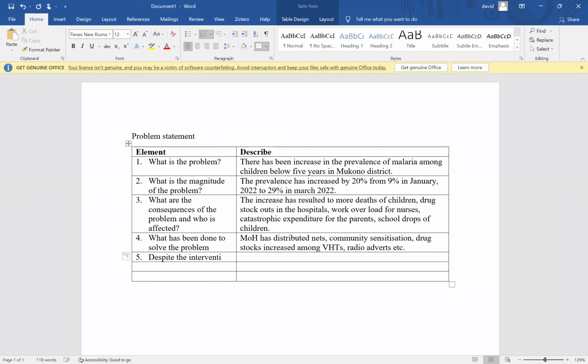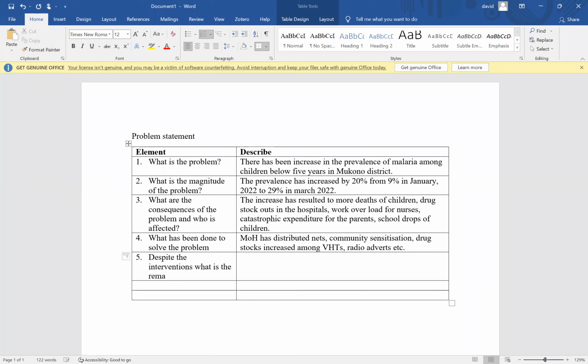So despite the interventions, what is the remaining gap? We know that they have done the sensitization, they have done this and that. What is the remaining gap?